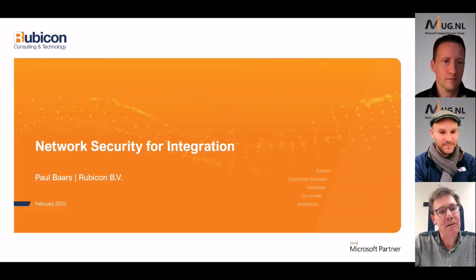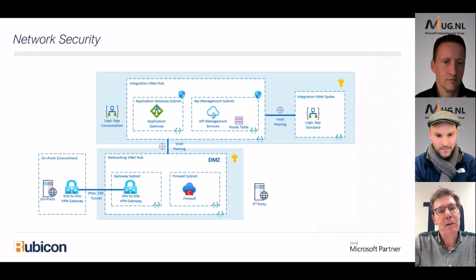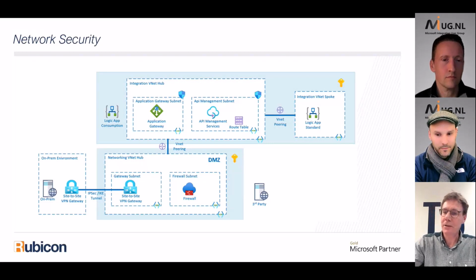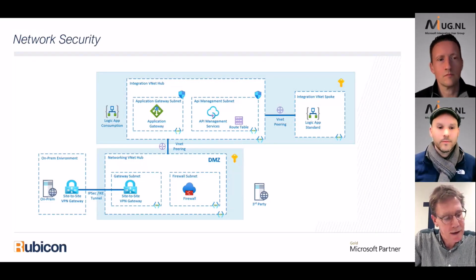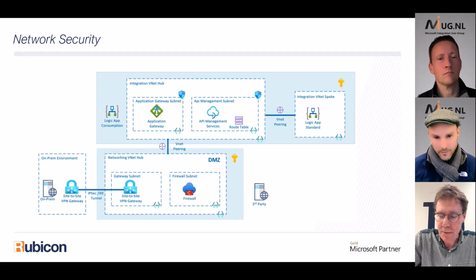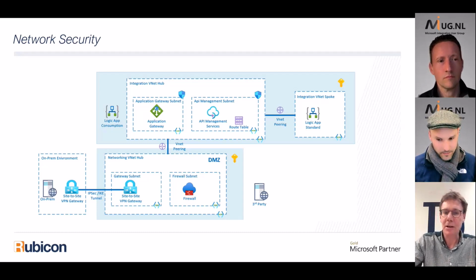And Paul, could you tell us some more about the VNet integration? Yeah, well, the presentation for today is about network security for integration. If we look at this first diagram, this is the final diagram I want to explain. Obviously, I'm going to explain it step by step, but here you'll see the overview.